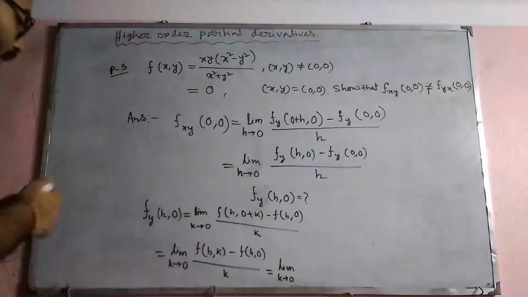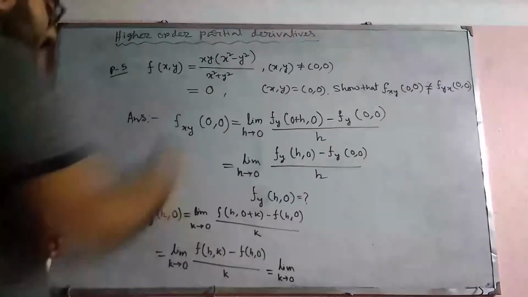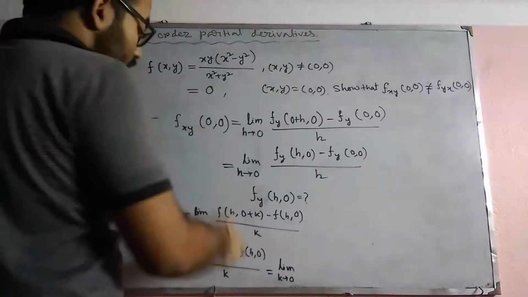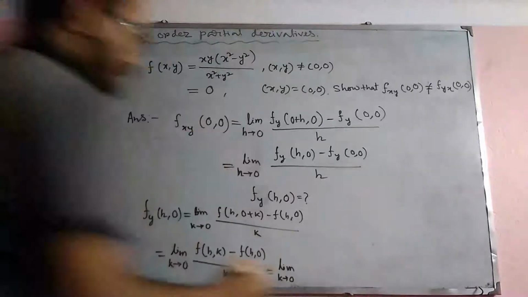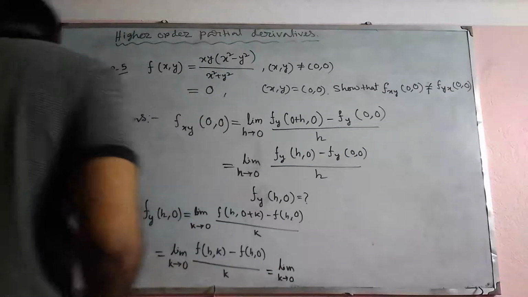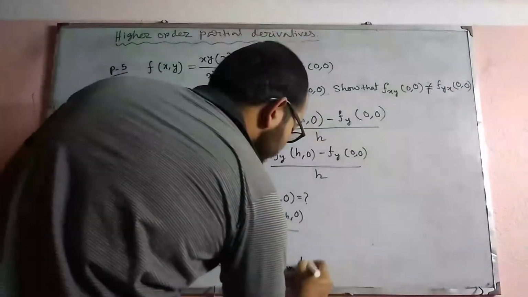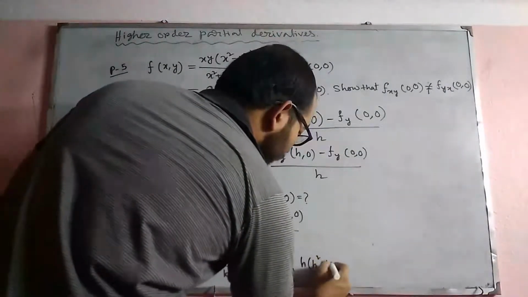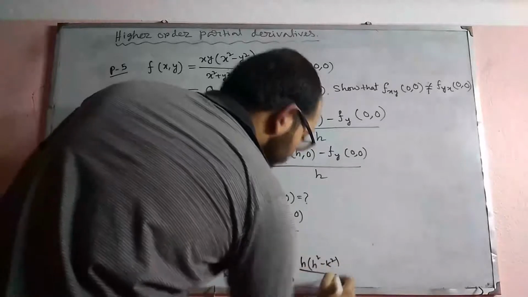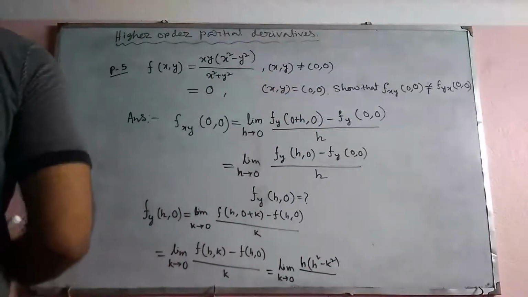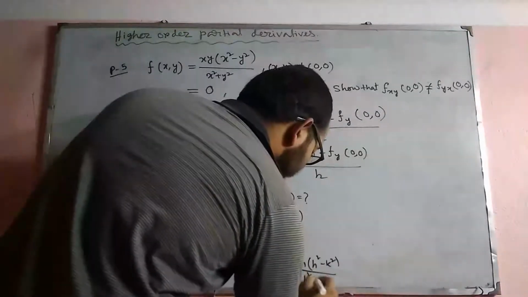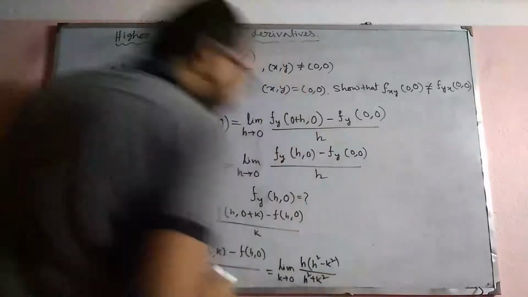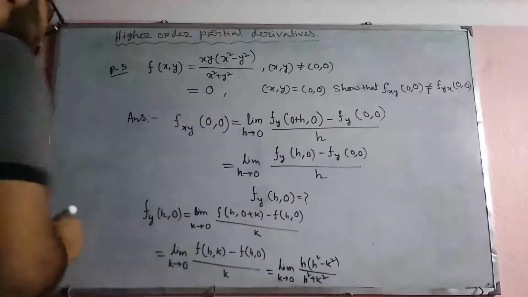I'm putting h and k in this expression, and h and 0 in the other, to get h into (h square minus k square) by (h square plus k square).